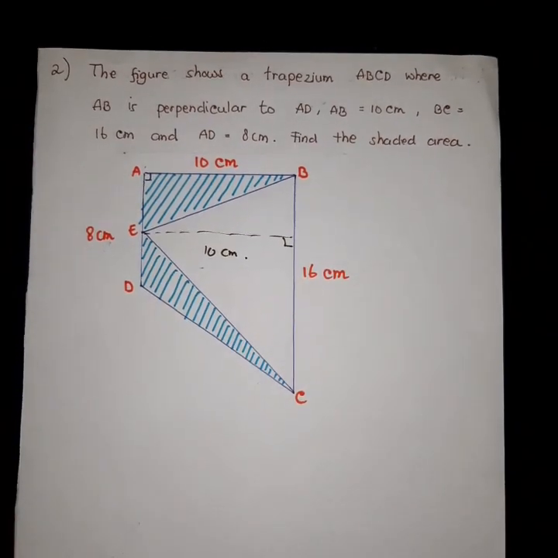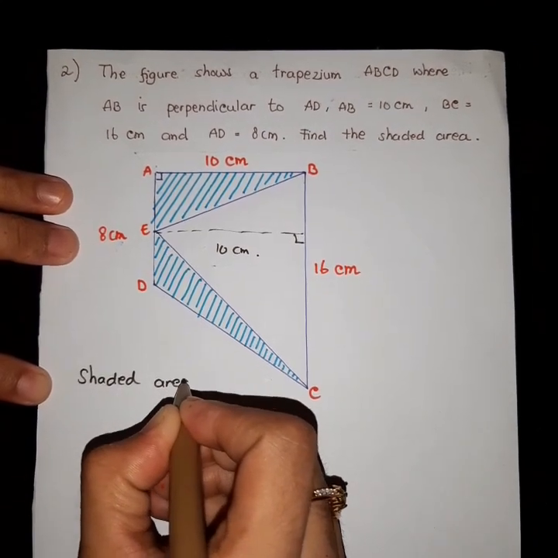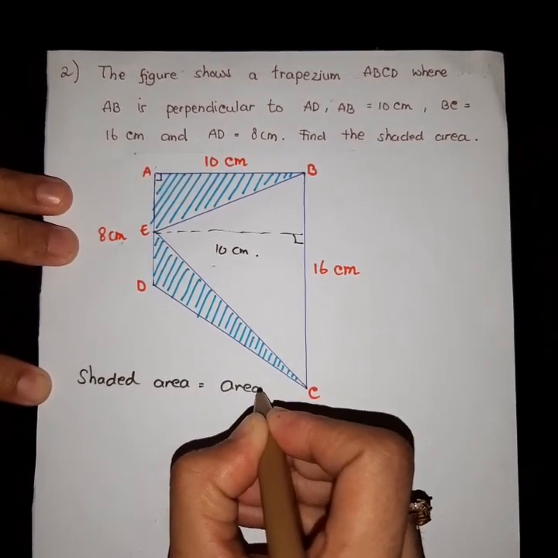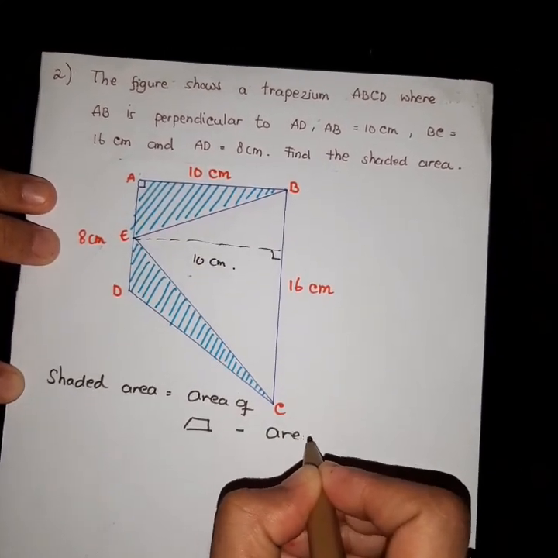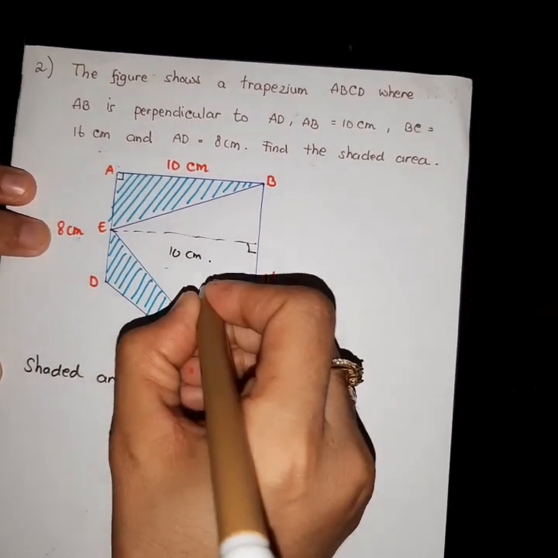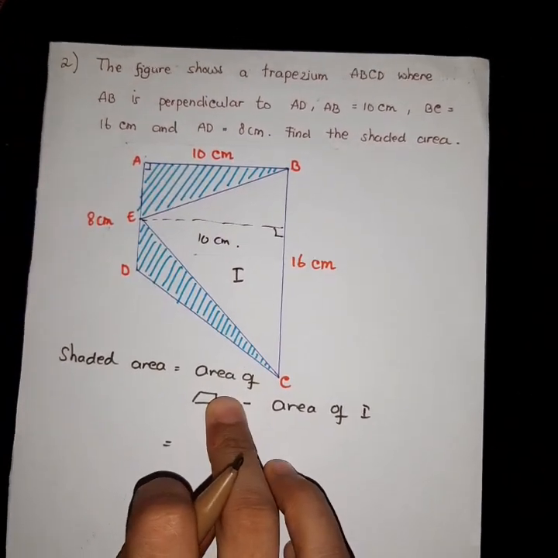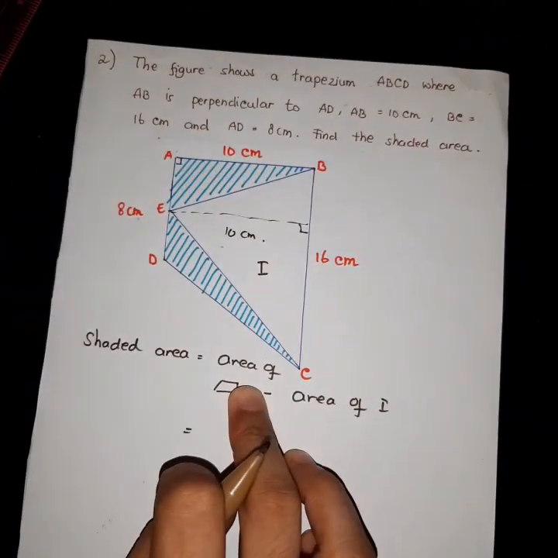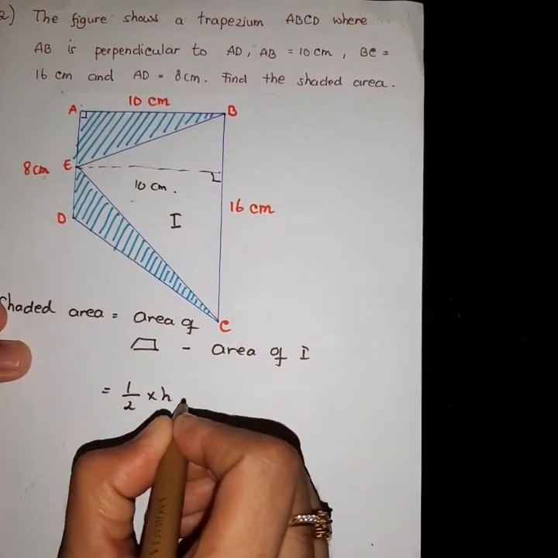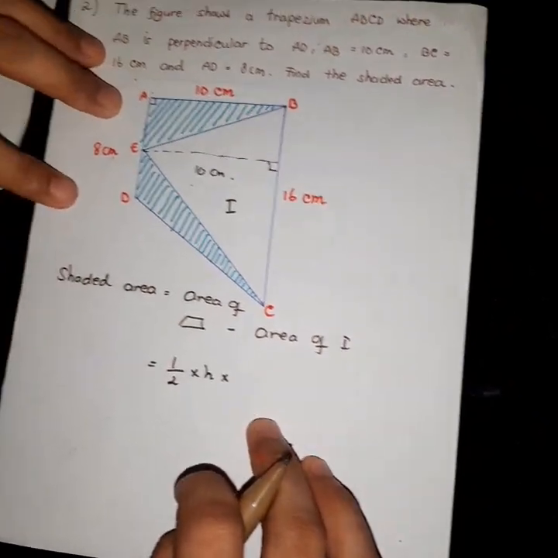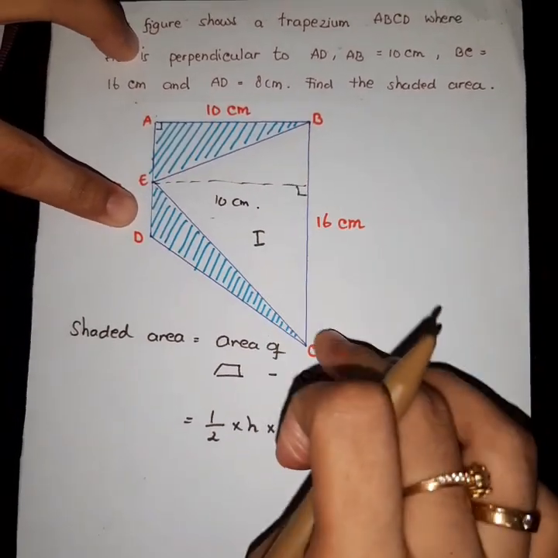So I can write down: shaded area will be area of trapezium minus area of, I will just name it, area of 1. The area of a trapezium, as we learned before, the formula is half times h times the sum of the two parallel sides, which for this trapezium will be AD and BC.